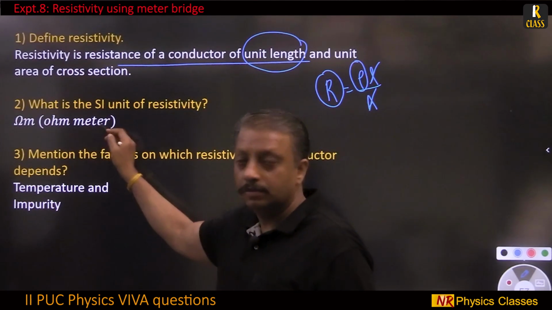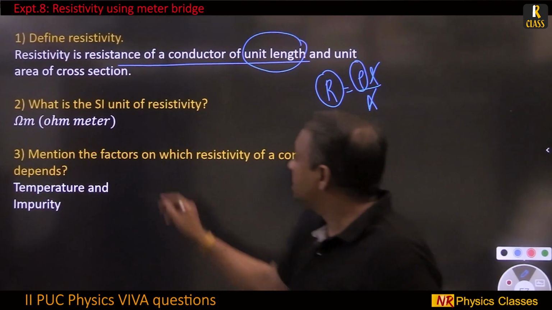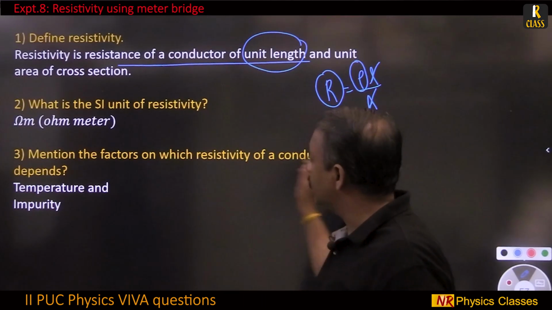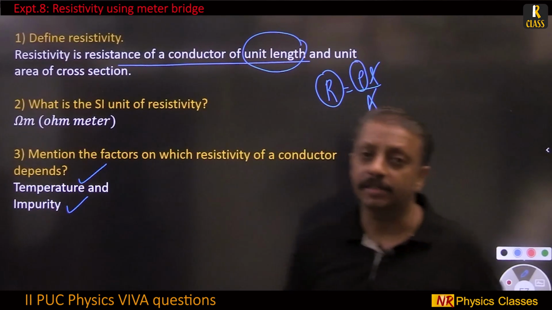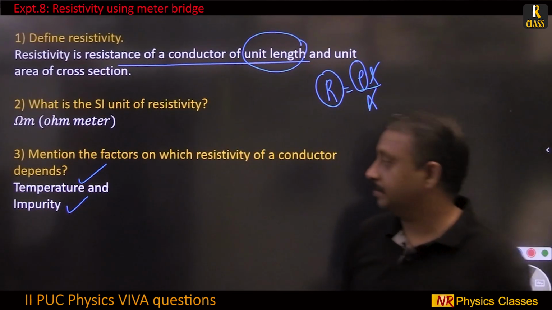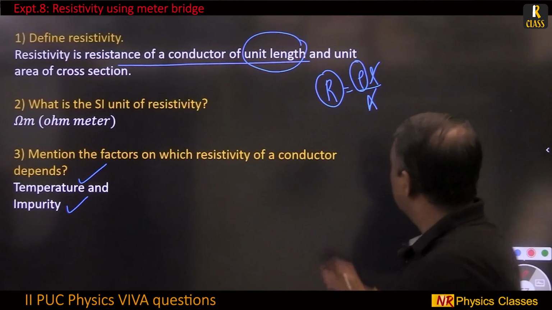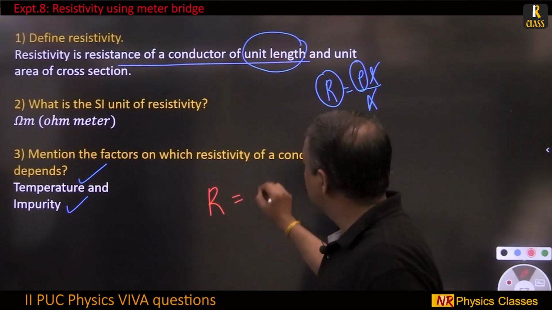Ohm meter. Mention factors on which resistivity of a conductor depends. Its temperature and impurity of the material. Again, R equals rho L by A.